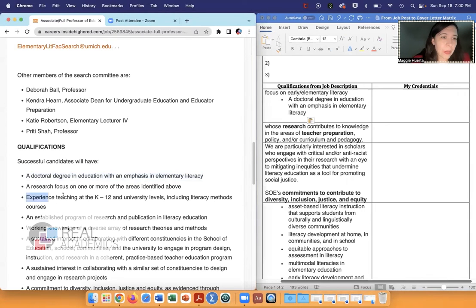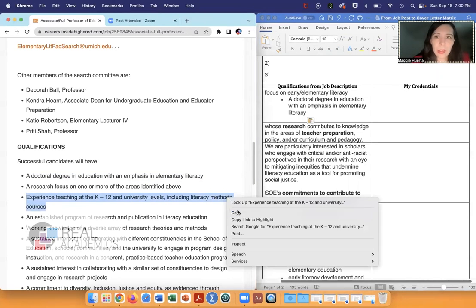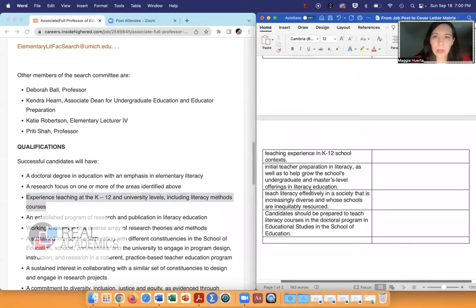So some things are repeated, like experience teaching at K through 12 and university levels, including literacy method courses. Okay, so I might actually do a whole, here they talk about K through 12 already. University, I could talk about my university teaching for sure.